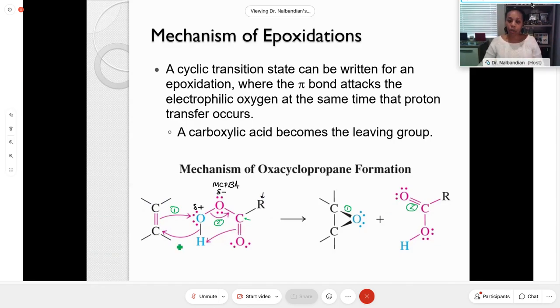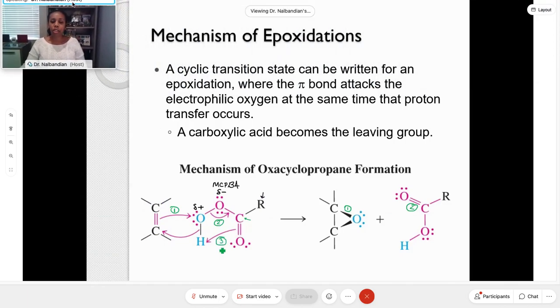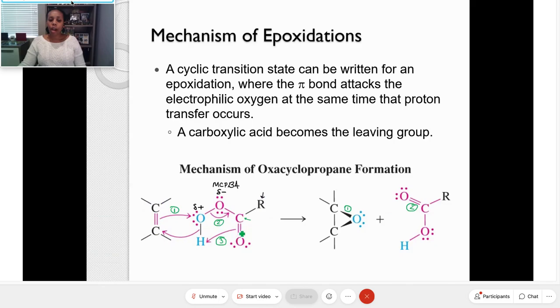Some electrons have to go away, so we can do this third arrow. With this third arrow, remember this oxygen has a partial negative, because the carbon has a partial positive, so electrons are being pulled toward the oxygen there. And the oxygen could just keep the electrons, but it says, oh, I see something close by. There's something nearby that, instead of having an oxygen with a negative charge, it can be protonated.